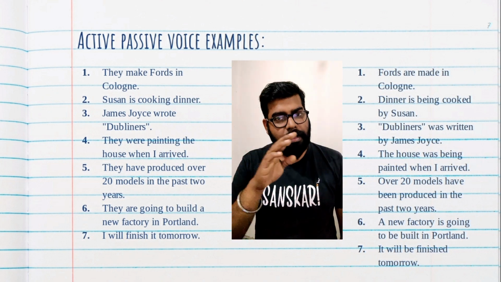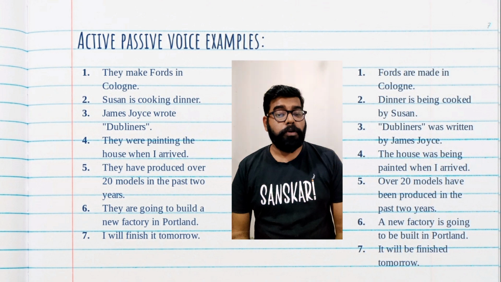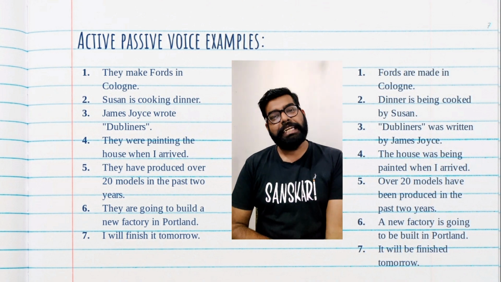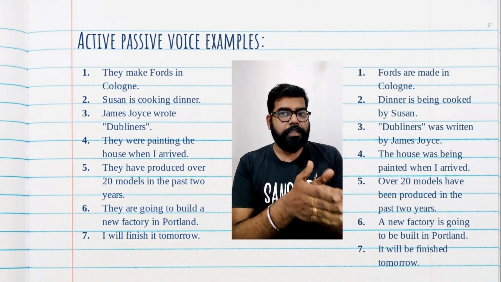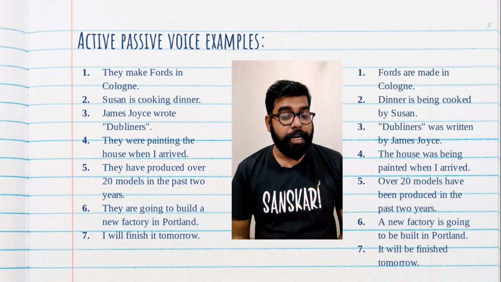After being, been, be. So what do you have to do here? They are going to build a new factory in Portland. A new factory is going to be built in Portland. A new factory, since that was the object in the previous sentence, in the active voice sentence, it will be the subject over here. A new factory is going to be built in Portland.